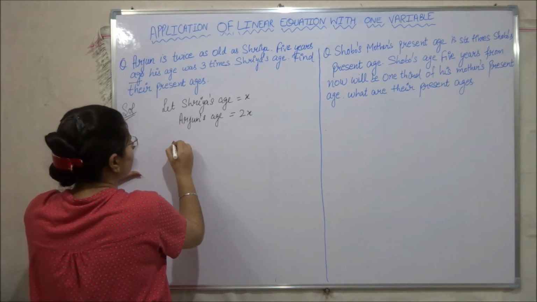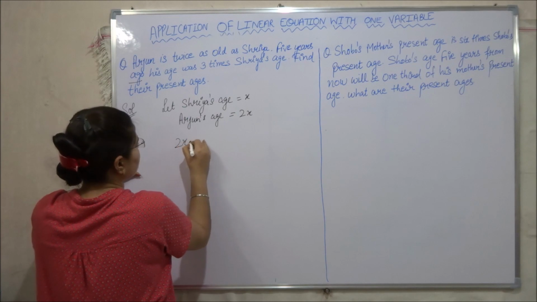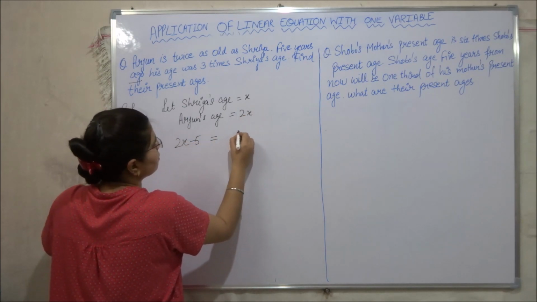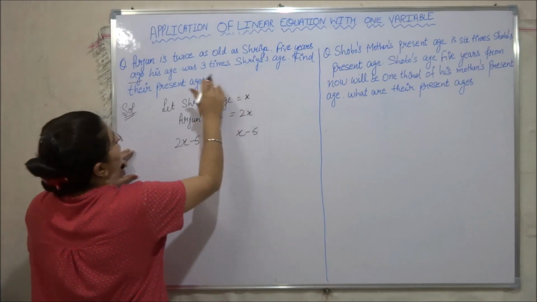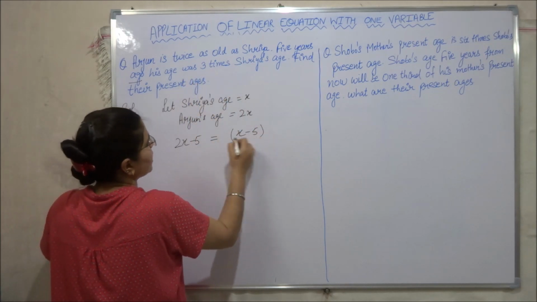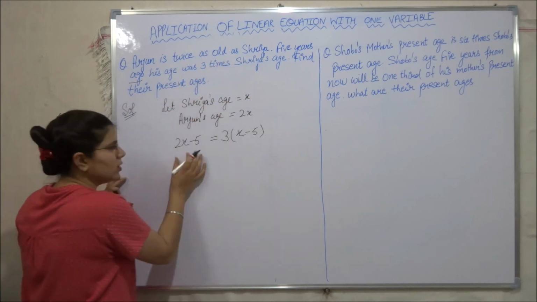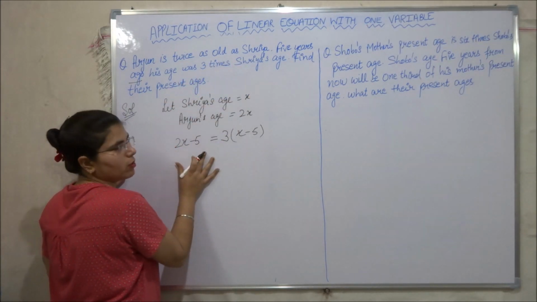That means 5 years ago, according to the condition, his age was 3 times Shreya's age. Now how are we able to write this equation?